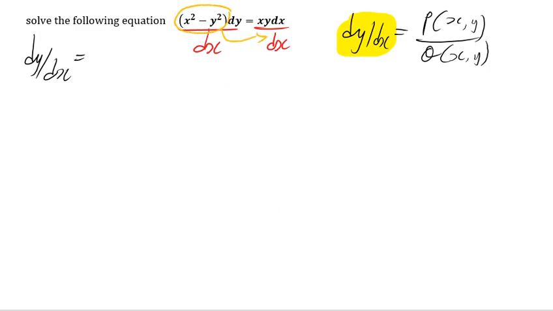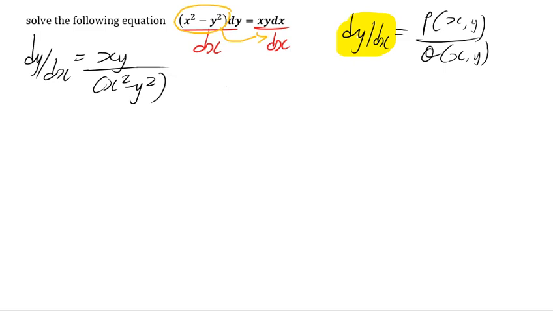So you're going to end up with xy over x squared minus y squared. Okay, so this is homogeneous. You check your highest exponent. As you can see, your numerator and the denominator have got the same degree or the same exponent.